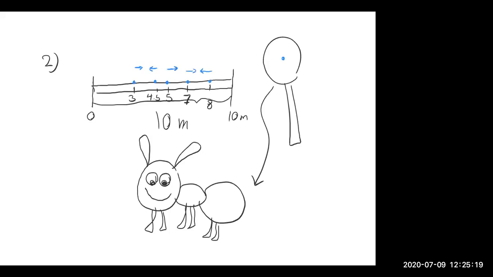Now, an interesting thing happens when two ants get to each other. So if, for example, you look at the ants on the points 7 and 8, we have an ant here, we have an ant here. When they're going towards each other, at some point these two ants get closer and closer, and they have contact with each other. They get to the same point, and then when they have contact, they go back.